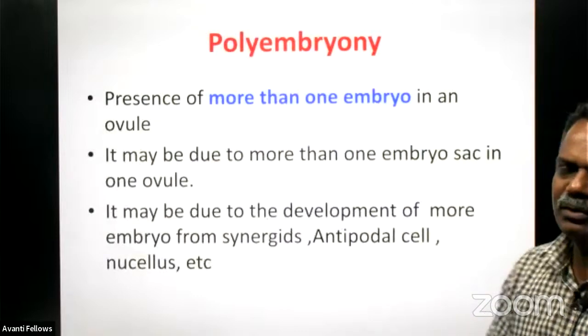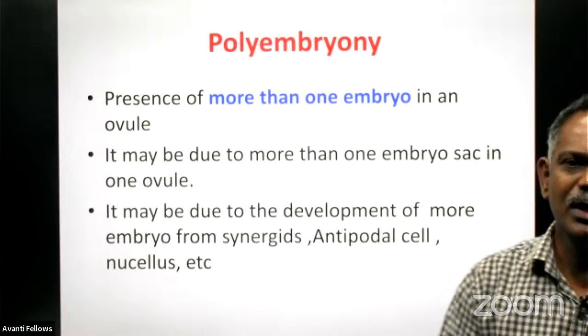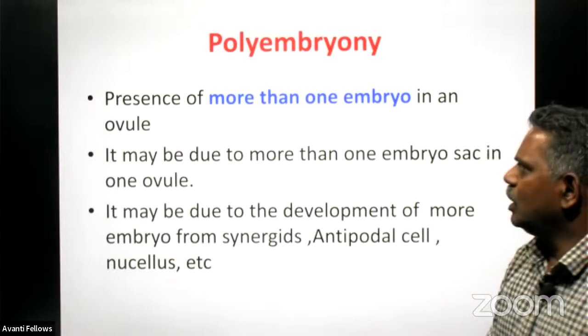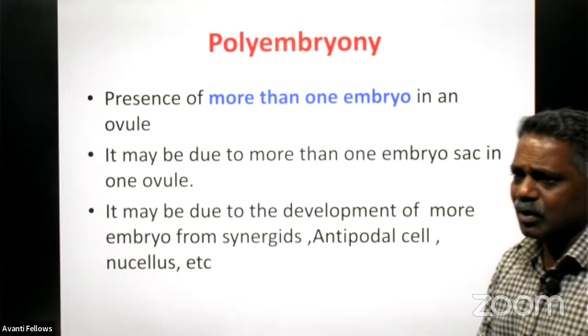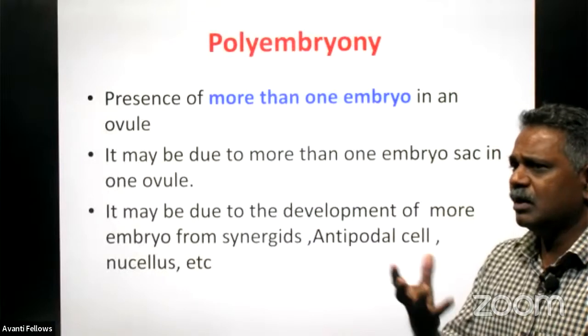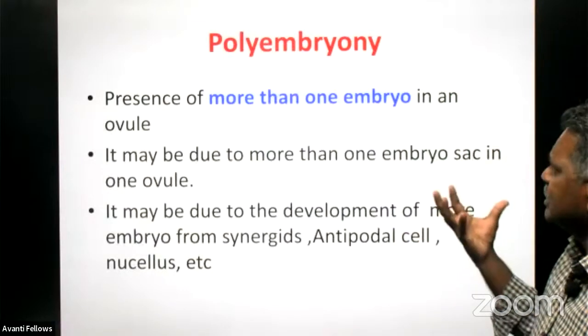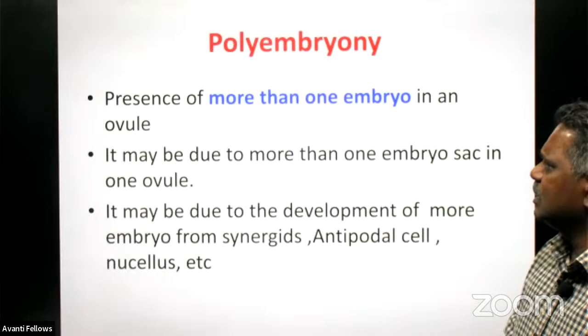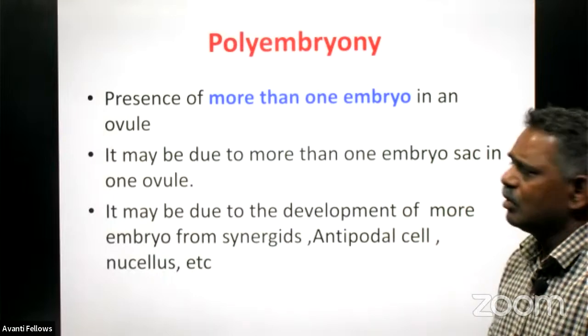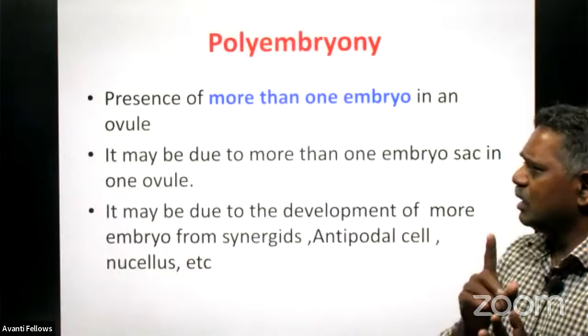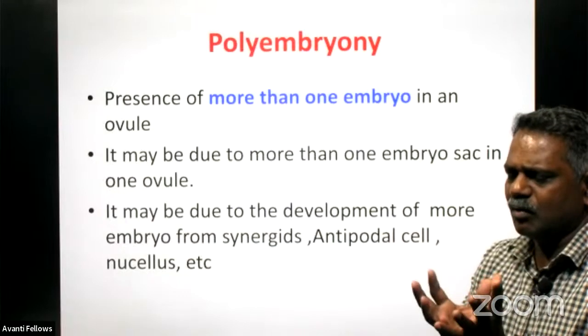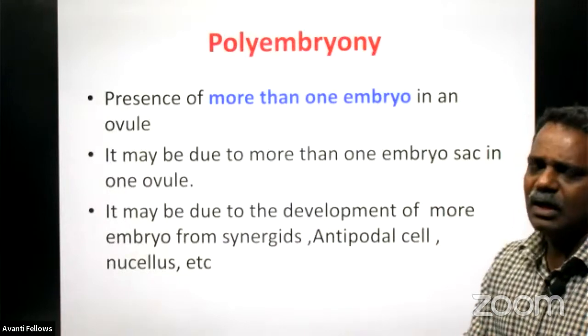Then come to the next term, that is polyembryony. Normally one ovule has one embryo present. Polyembryony means more than one embryo in an ovule. Normally one ovule consists of one embryo only, right?